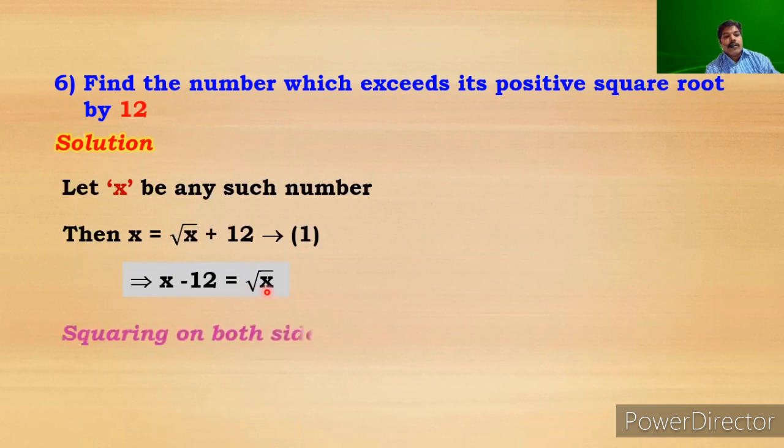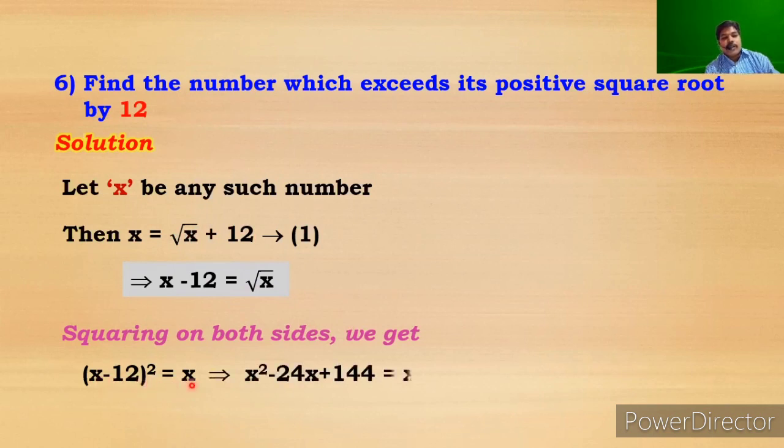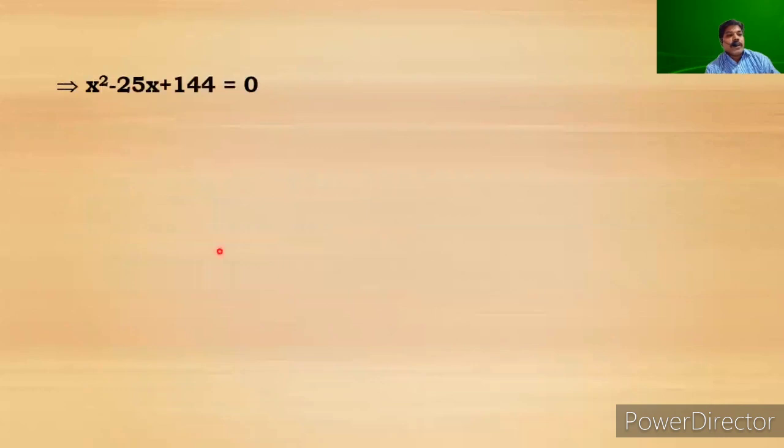Take squaring on both sides. You will get (x minus 12) whole square is equal to x. So (a minus b) whole square, expand that one. x square minus 24x plus 144 is equal to x. Take this x to this side. It will become x square minus 25x plus 144 is equal to 0.